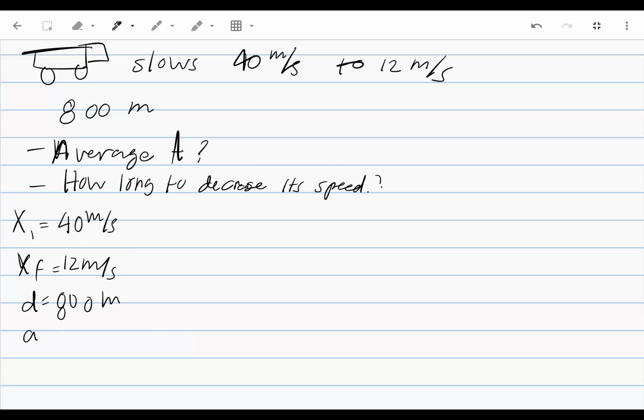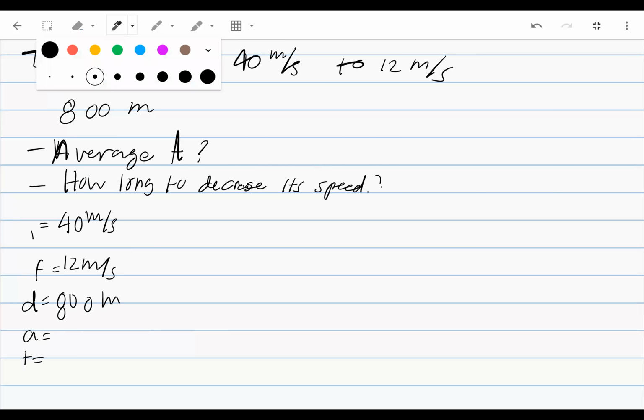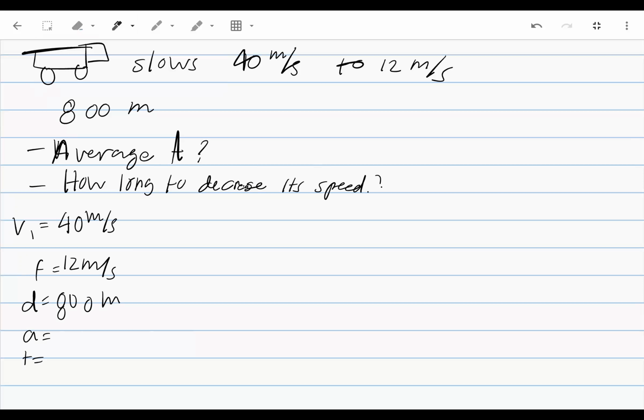We're trying to find acceleration and we're trying to find time. Excuse those x's, because these were speeds: initial speed, final speed.